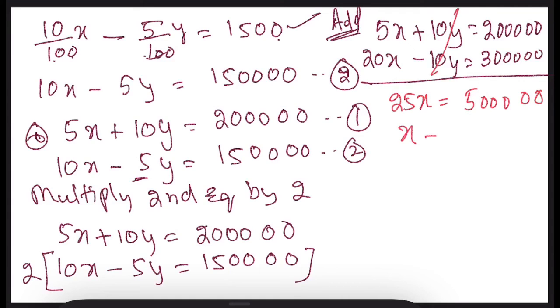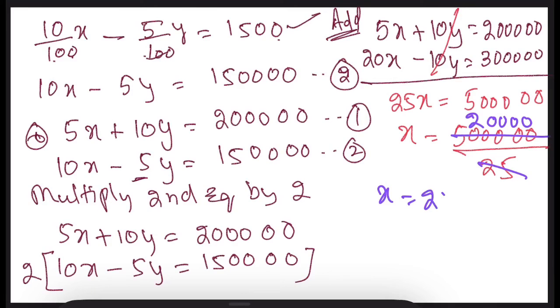So x equals 500000 upon 25. So the zeros will get cancelled. 25 ones are 25, 25 twos are 50. X equals 20,000. Got it? Now we got it.